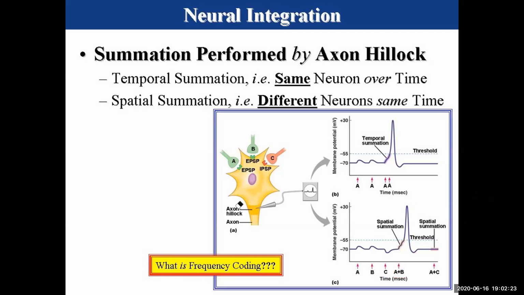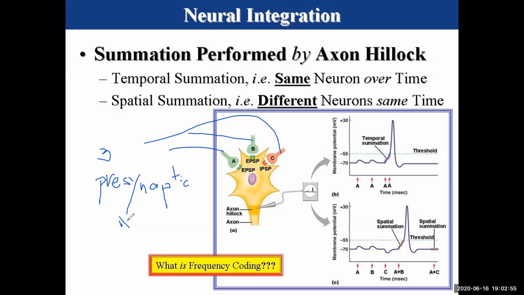So again, one more time, spatial summation means the signal comes from different neurons. And when we say neuron, let's make sure that we understand this. A, B, and C are three presynaptic neurons. Right?